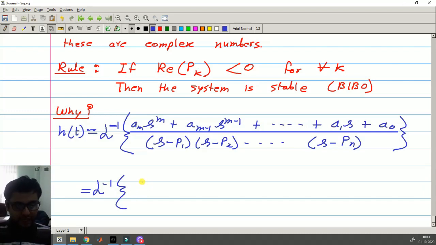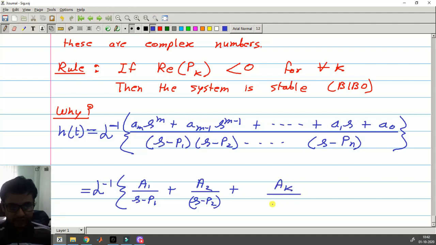So in this way, something like a1 divided by s minus p1, plus a2 divided by s minus p2, plus say ak divided by s minus pk.